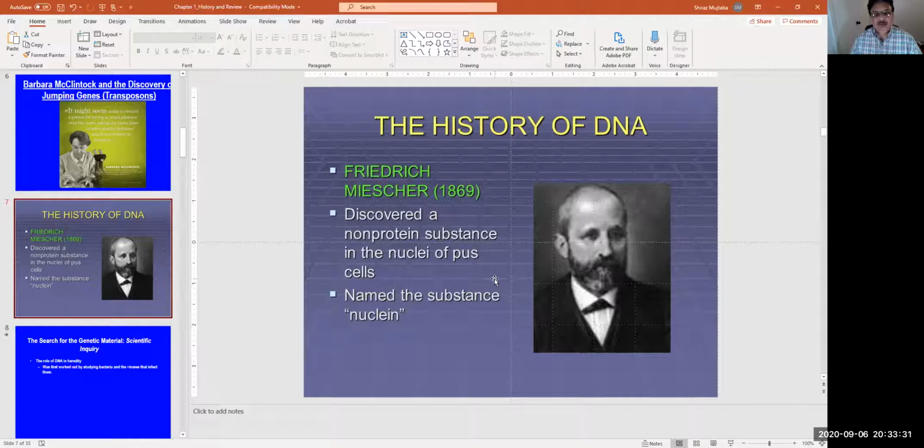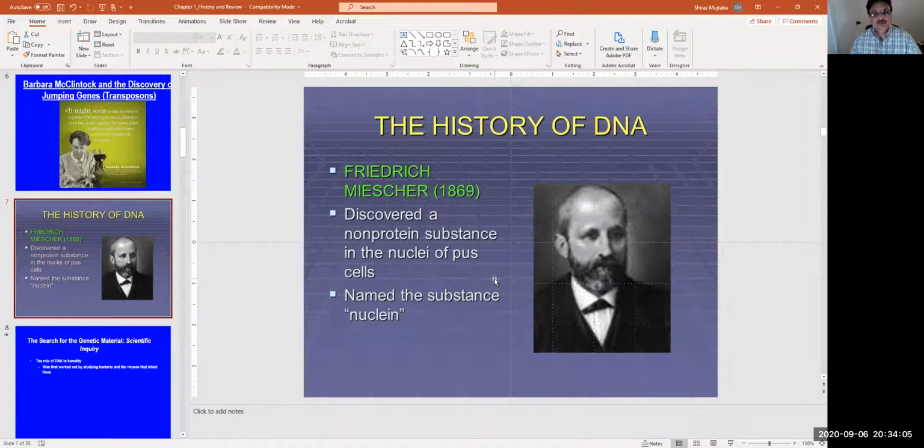He could separate the cell wall and the cytoplasm, and in the nucleus, he noted there was a pus-like chemical. When you extract and purify DNA, it looks very thick, very jelly-like, very wool-looking, and so he named this substance nuclein. That became the precursor for nucleic acid.